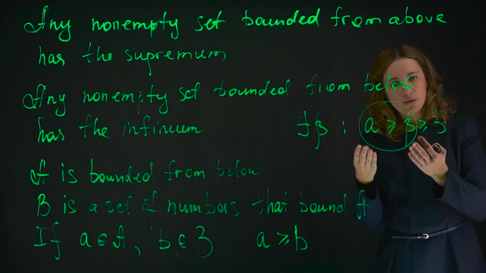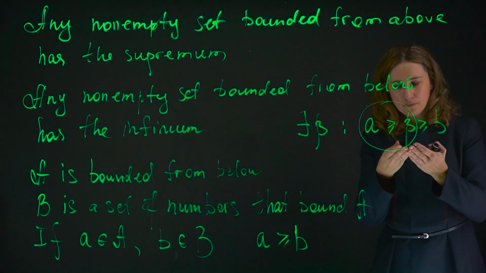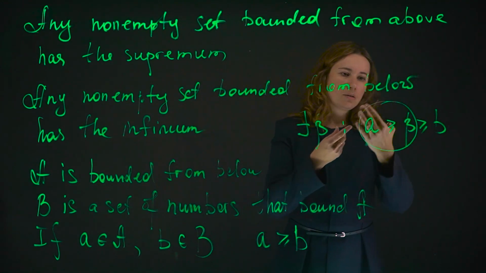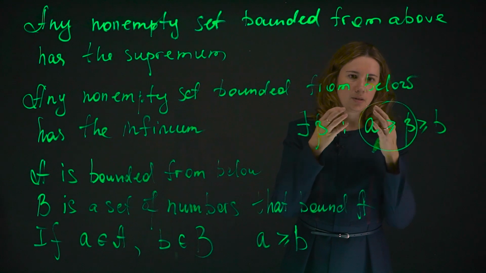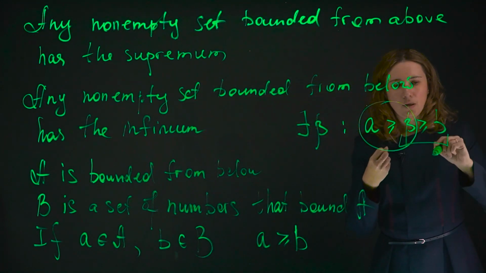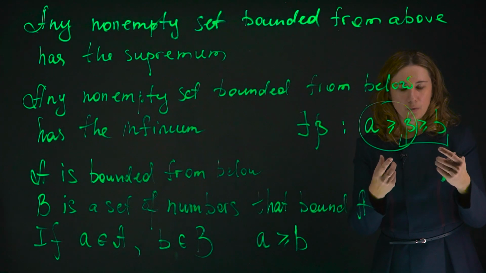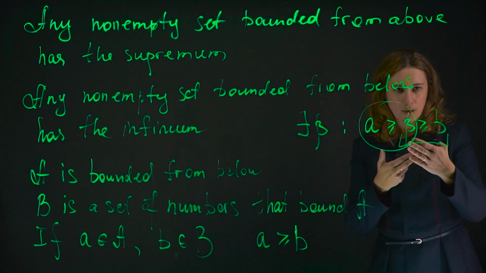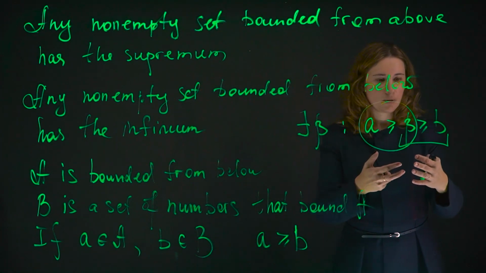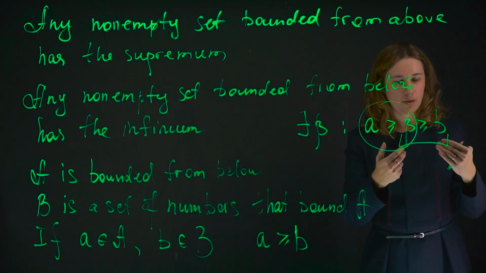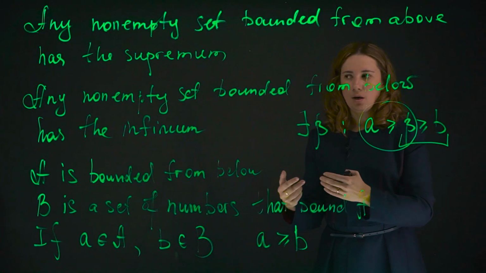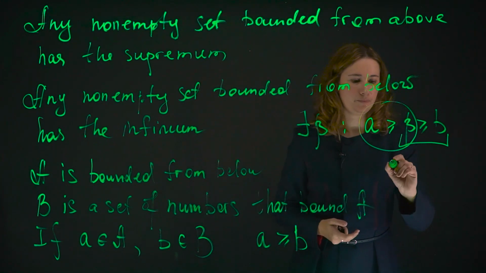We see that beta is a number that bounds our set A. And moreover, if we take a look at this part, we can conclude that beta is the greatest number among these elements in B. So beta is our desired infimum. Our infimum exists.